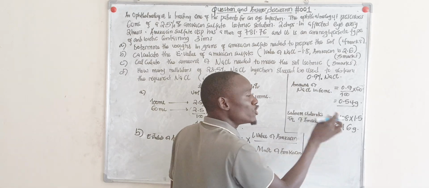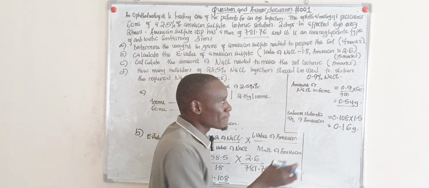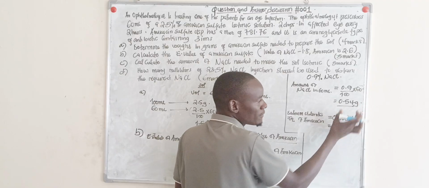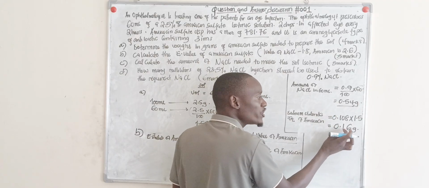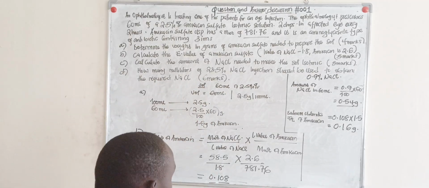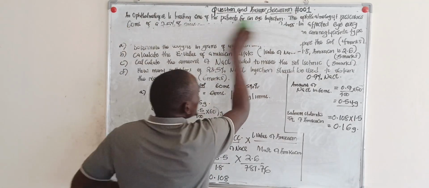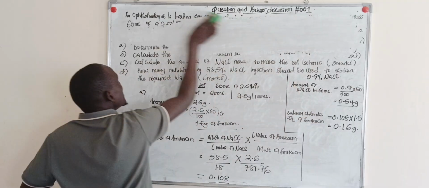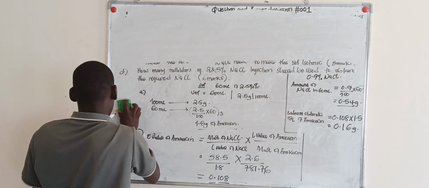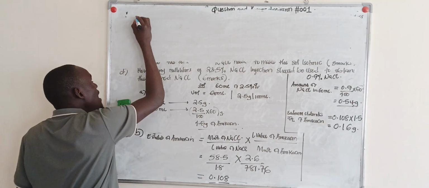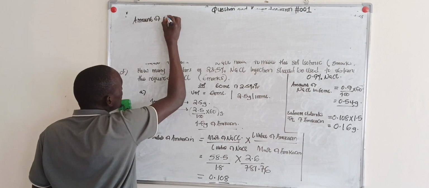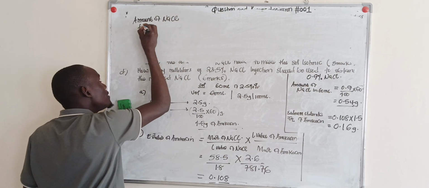But remember, to make the solution isotonic, the amount should be this. But on this amount, we already have 0.16. So that means the remainder is going to be provided with our isotonicity modifier. So the remainder will give us the amount of sodium chloride to be added.